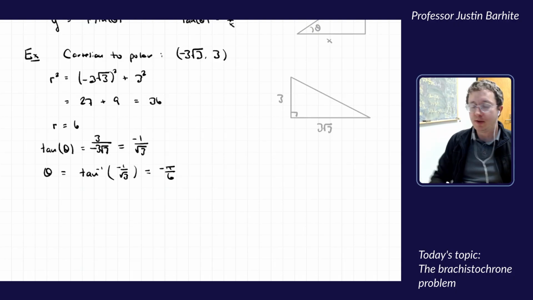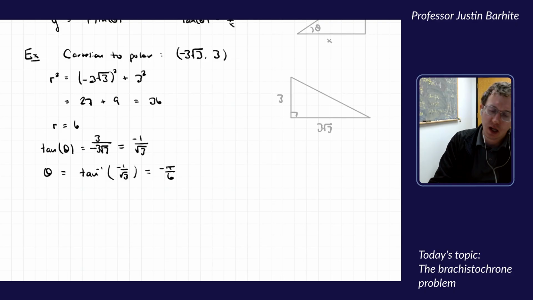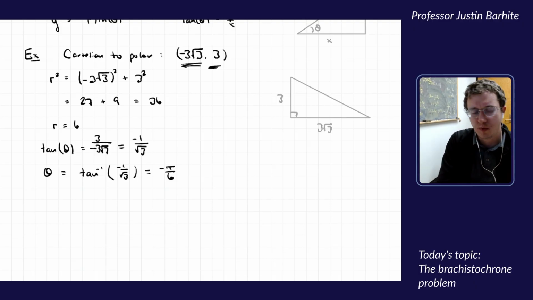Yeah, it's about the bounds of inverse tan. The inverse tangent function always returns an angle between negative pi over 2 and positive pi over 2. But if the x value is negative and the y value is positive, that's in the second quadrant.